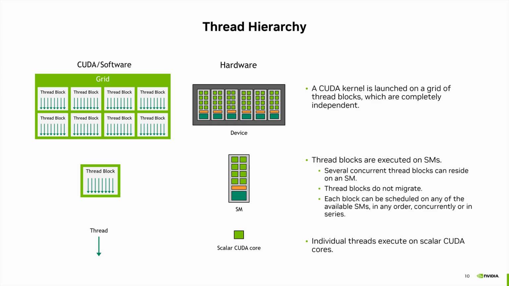Each SM may have multiple thread blocks running on it concurrently. But we should make no assumption of how thread blocks are assigned to SMs. We have no idea what the order is or if they're executing concurrently. Finally, each thread in the thread block ends up executing on a scalar CUDA core.